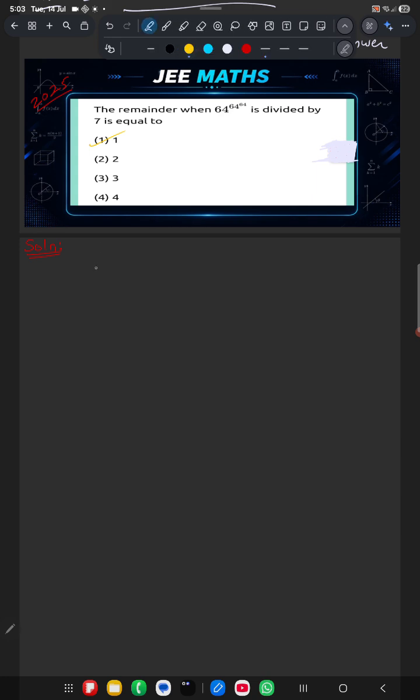The question is 64 power 64 power 64. So we can write 64 as 1 plus 63, power 64 power 64. Now you know by binomial expansion that (1 plus x) power n is equal to nC0 plus nC1 x plus nC2 x square plus ... nCn x power n.